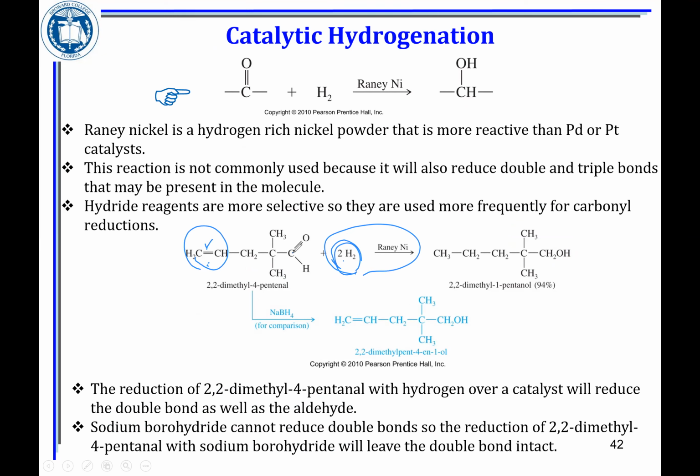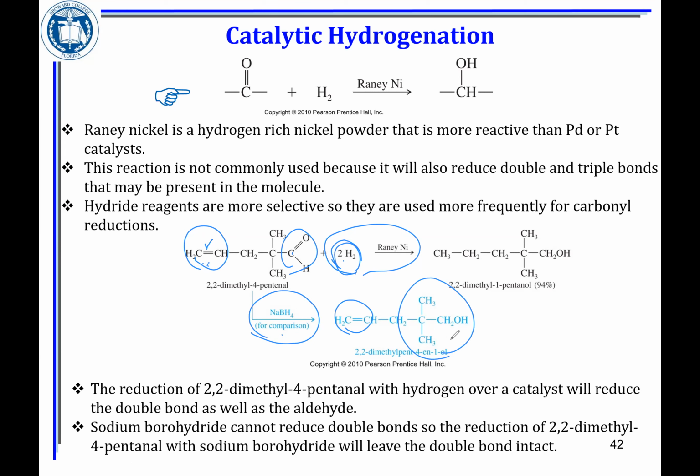H2 would reduce aldehyde and ketone. At the same time, it would reduce the carbon-carbon double bond and triple bond. If you want to keep the double bond, you're going to use sodium borohydride. Sodium borohydride will keep the double bond, but it will reduce the aldehyde to primary alcohol.